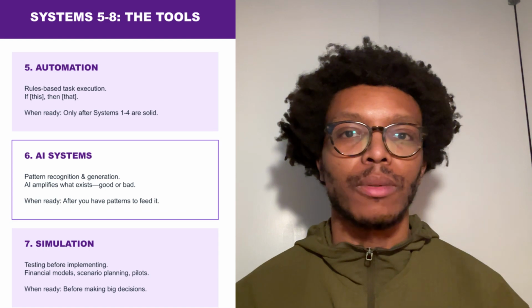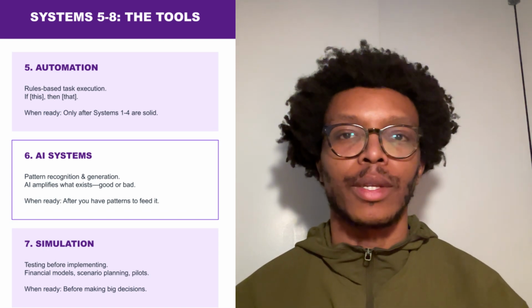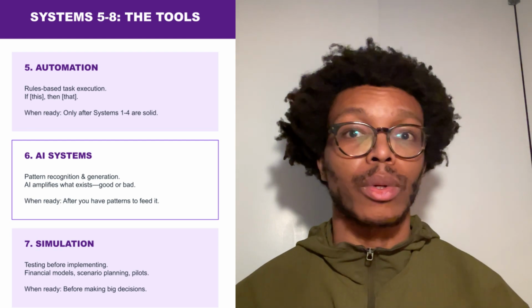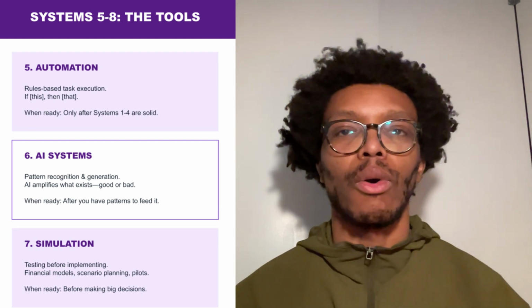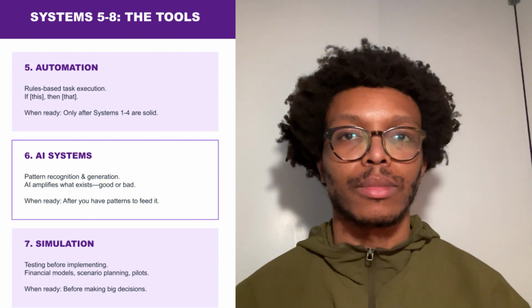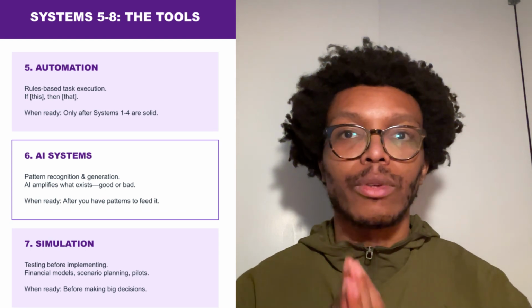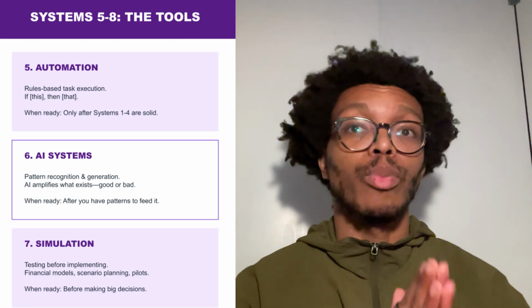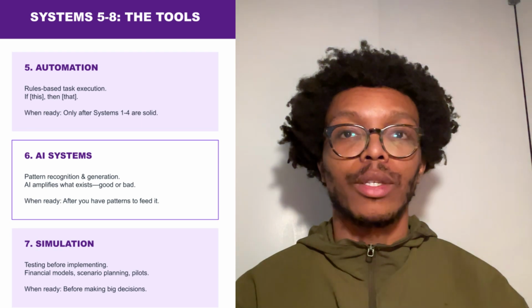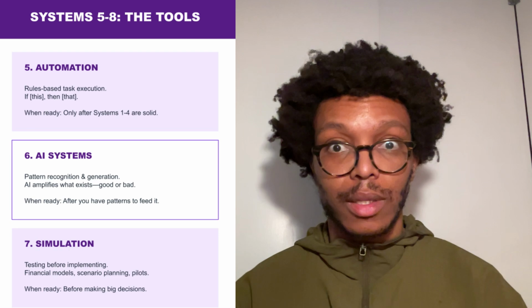These are predictable, repeatable, and perfect for automation. But only when you're ready. Only after systems 1 through 4 are solid. Warning, automation amplifies whatever you feed it. Good process equals good automation. Bad process equals faster bad process.